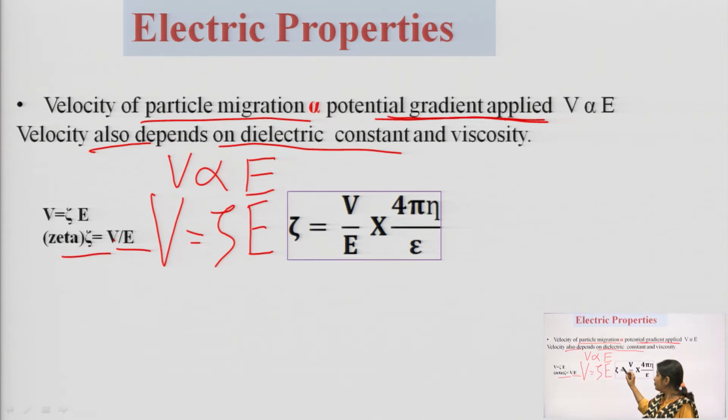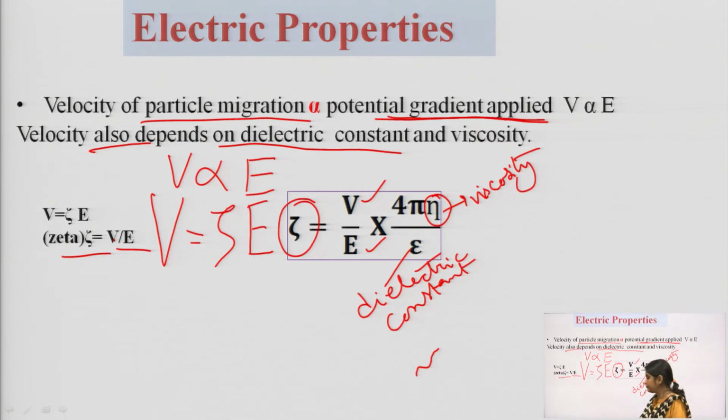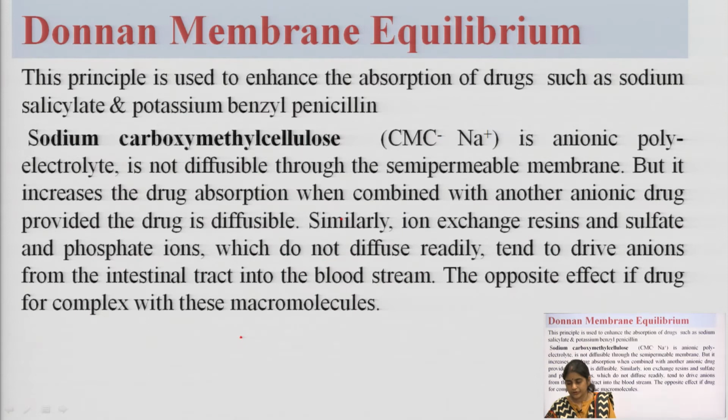So, we can also write this equation as zeta potential is equal to V by E multiplied by 4 pi into viscosity, divided by epsilon. Here eta stands for viscosity and epsilon stands for dielectric constant. So, from this we can calculate the zeta potential.